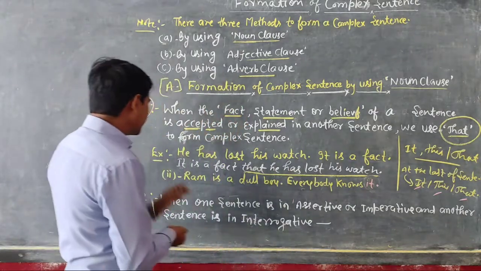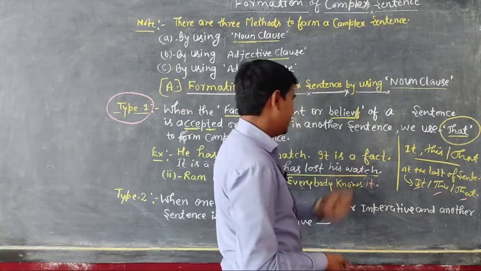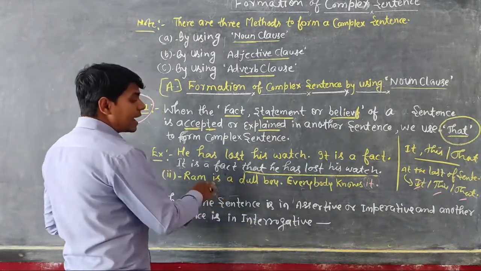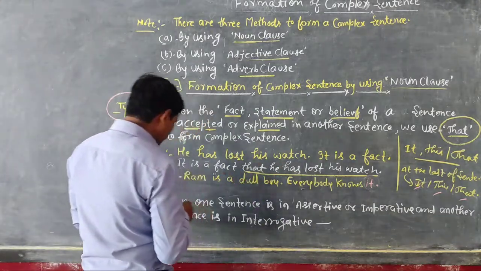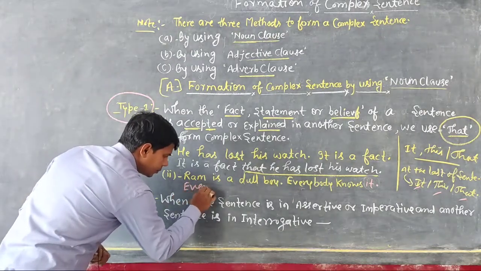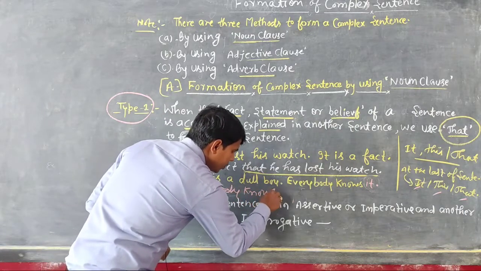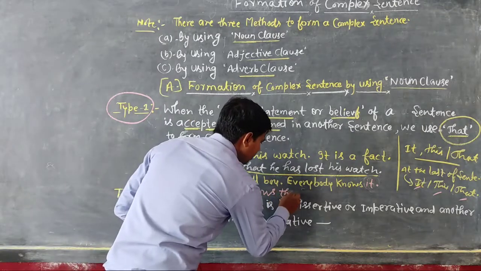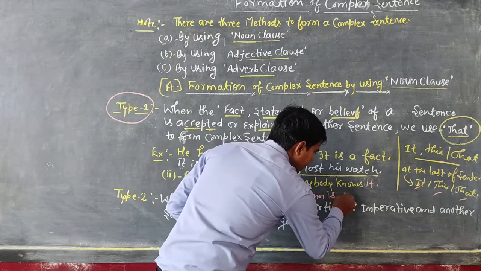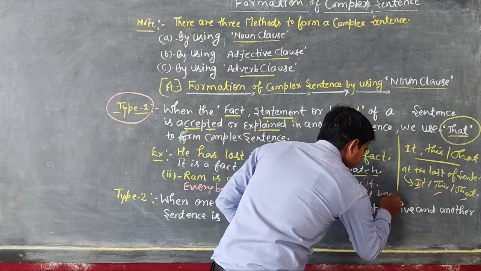So dear, let's see the second example. Ram is a dull boy. Everybody knows it. Okay, so when you synthesize this sentence into a complex one, you will write: Everybody knows that Ram is a dull boy.